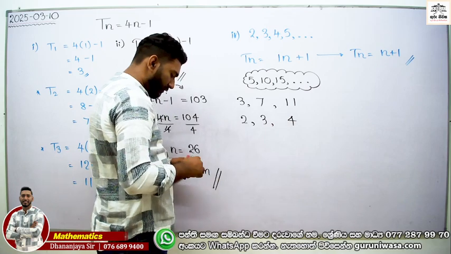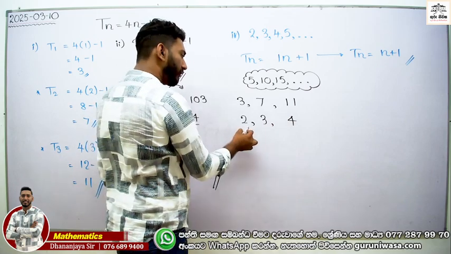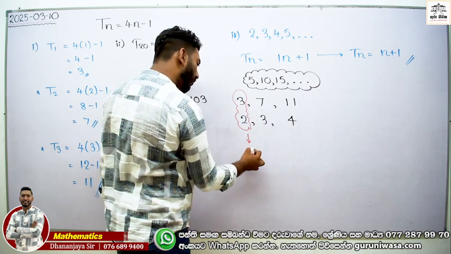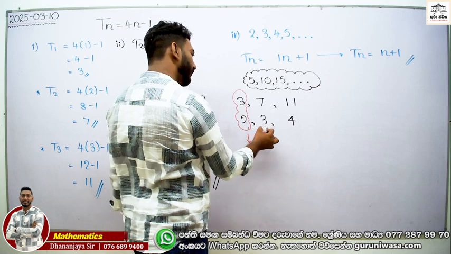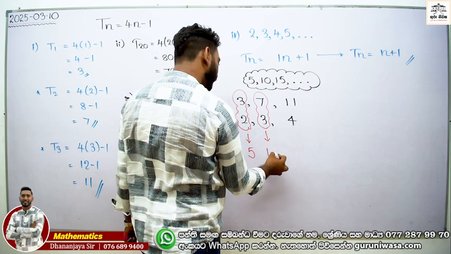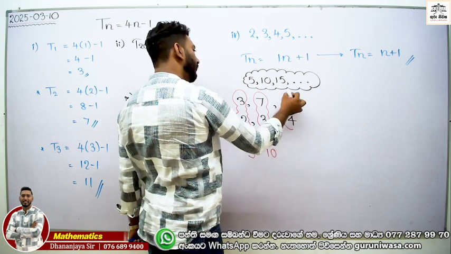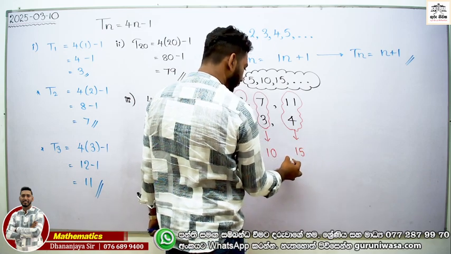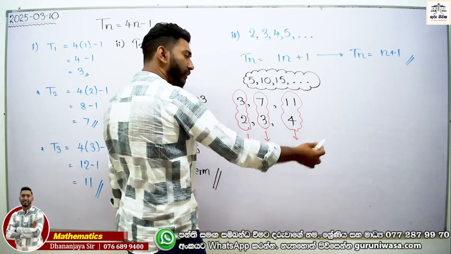Now look at that. The sum of these two terms becomes 5. Good. The sum of these second terms becomes 10. The sum of this third term becomes 15.